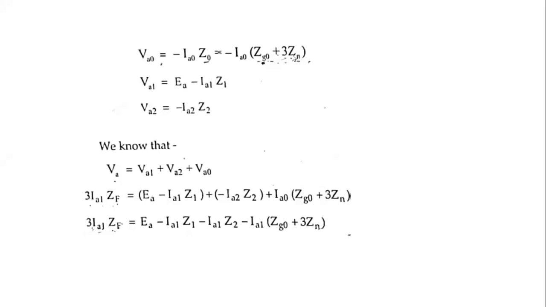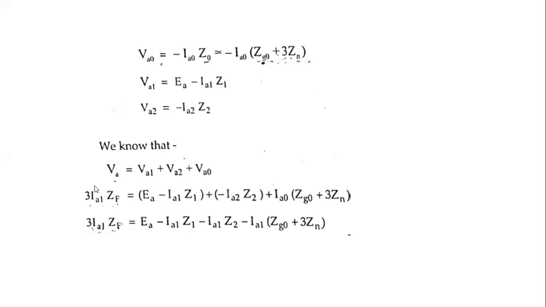Then VA1 is equal to EA minus IA1 into Z1, and VA2 is equal to minus IA2 into Z2. We know that VA is equal to VA1 plus VA2 plus VA0.